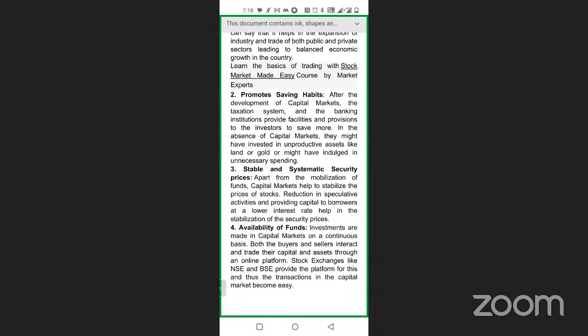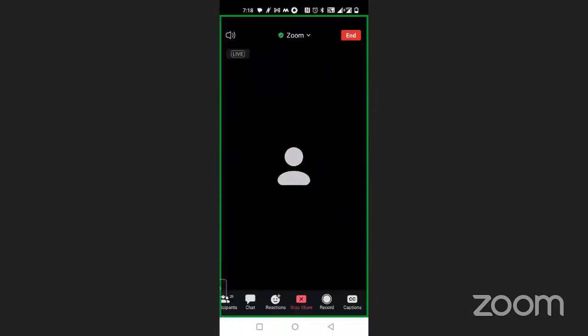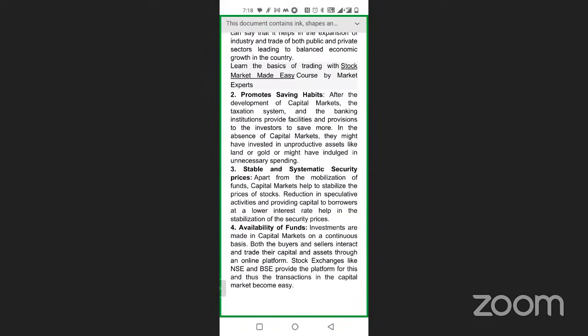Capital market always tries to create the safest environment for investment. So capital market always encourages creating stable and systematic prices to secure the investor.